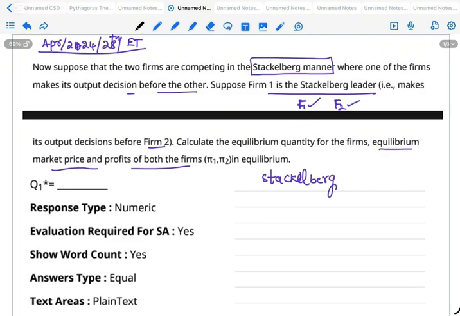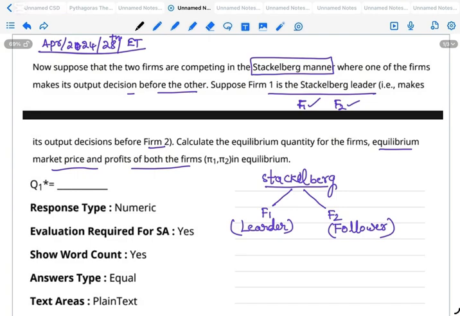In a Stackelberg competition, there are two firms, firm 1 and firm 2. So in Stackelberg manner, there are mainly a leader and a follower. Firm 1 is the leader because they mentioned in the question that firm 1 is the Stackelberg leader, and firm 2 is the follower.